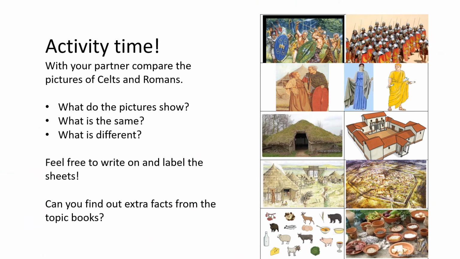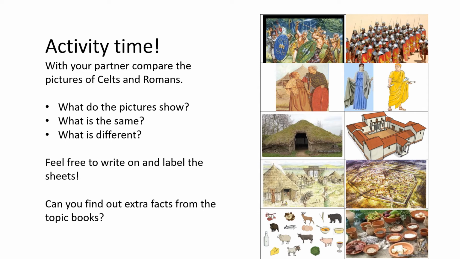It's time for your first activity. On the right are some pictures. These are split into Celts and Romans. On your own or with a partner at home, you need to write a couple of sentences about what these pictures show you.